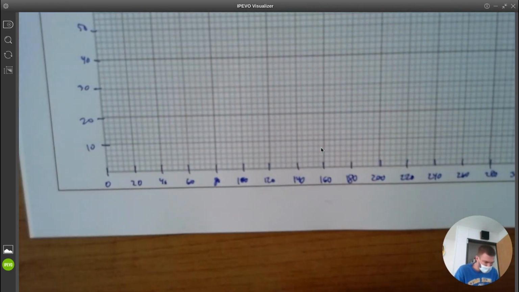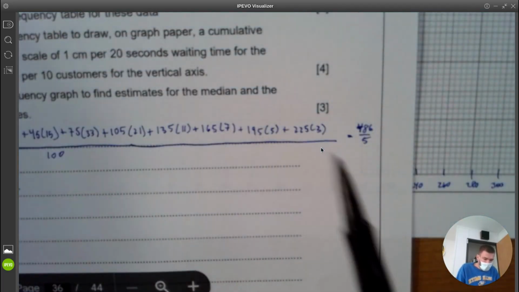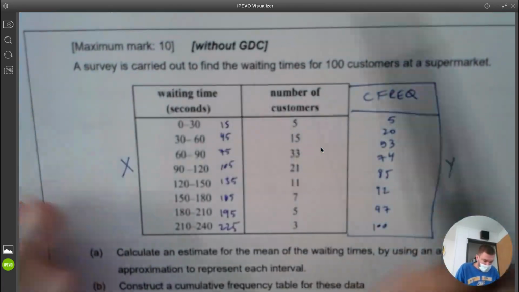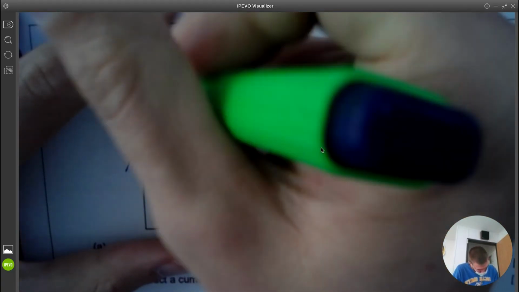Start to plot these points down. Okay. So I'm going to be choosing the big numbers, like 30, which is at the end. I'm going to choose these numbers here.